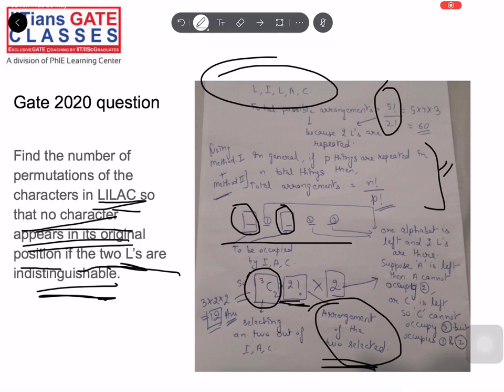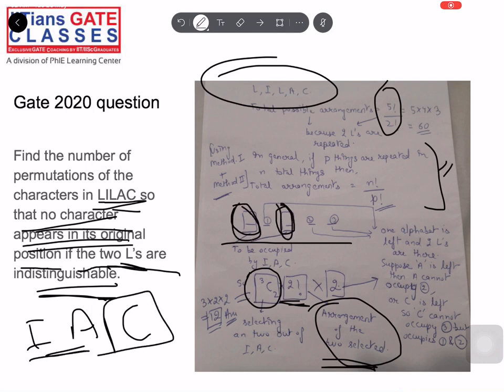See, suppose the third letter left out of I, A and C is C. That means I and A occupied this and this position. So then C has to occupy either 1, 2 or 3. Now C cannot occupy the third position because C belongs to the third position itself. So C has to occupy either 1 or 2.